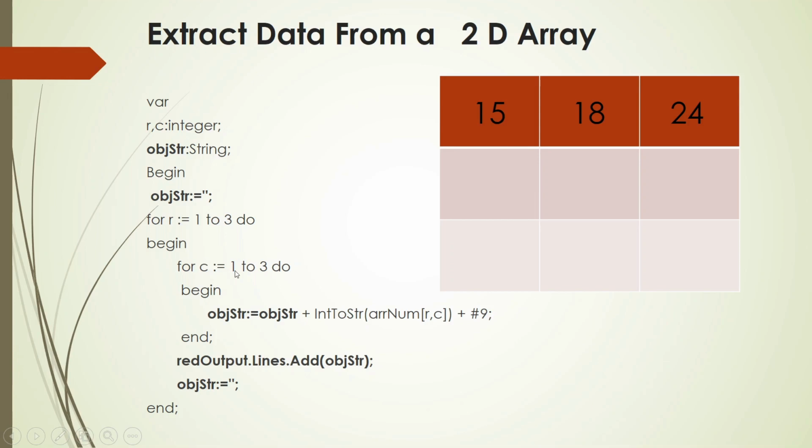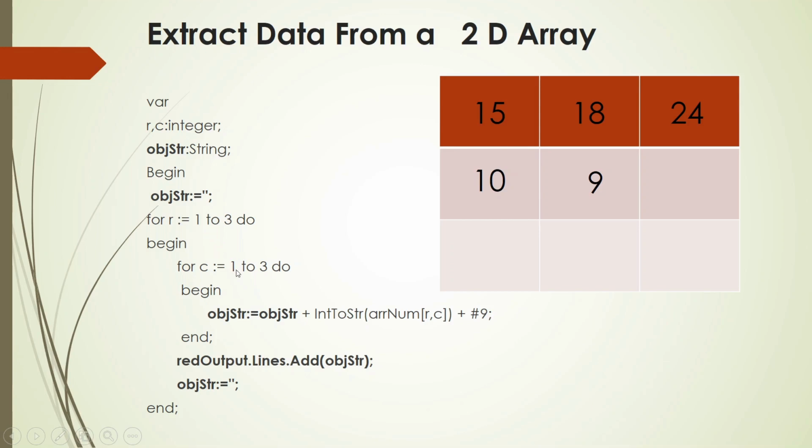C now starts off at 1. In 2, 1, I want to display the value in ARR num of 2, 1. It displays 10. Tab sets.